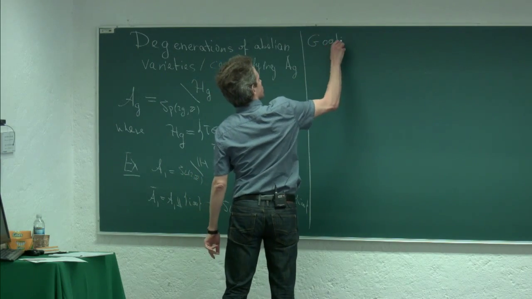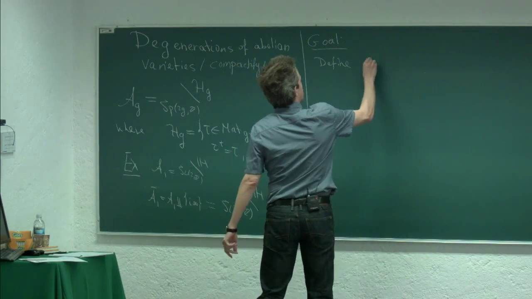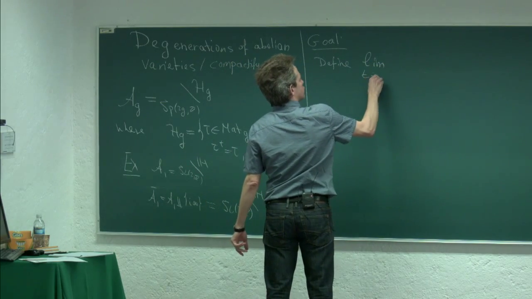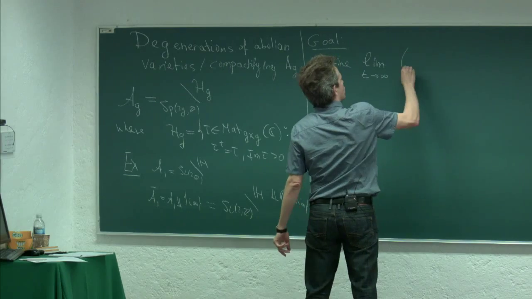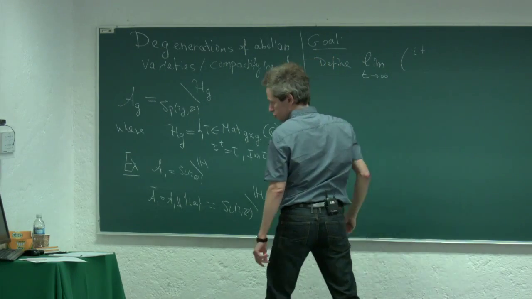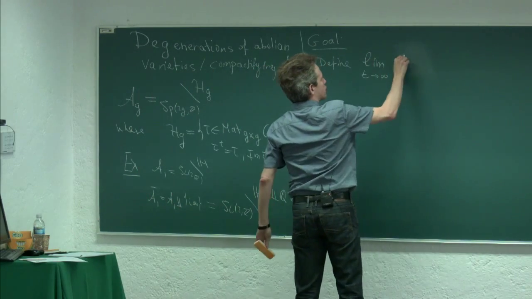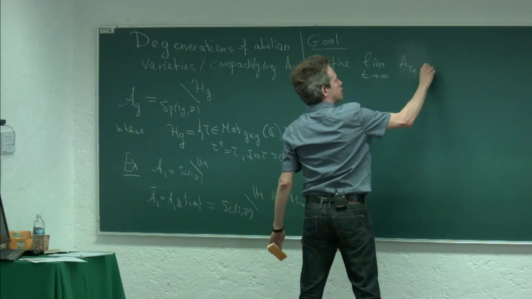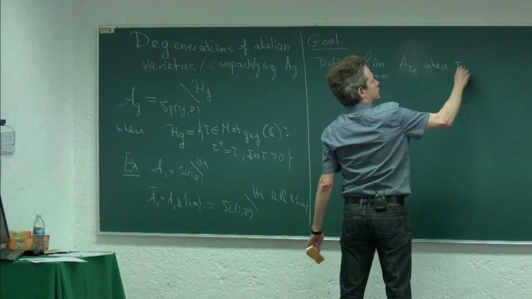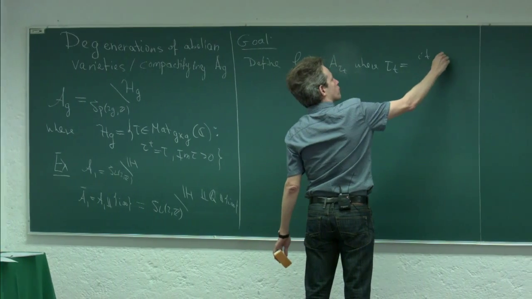So goal: I would need to define, presumably, whatever I do, a limit as t goes to infinity of abelian varieties A_{tau(t)}, where the period matrix tau(t) has one entry that diverges to infinity.